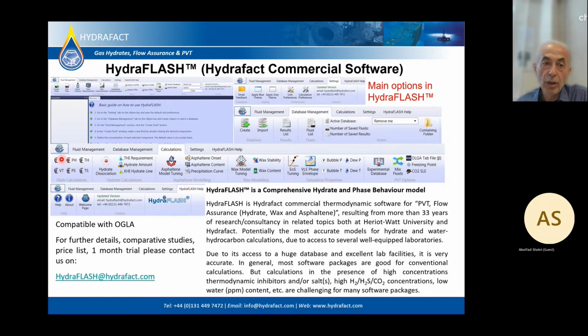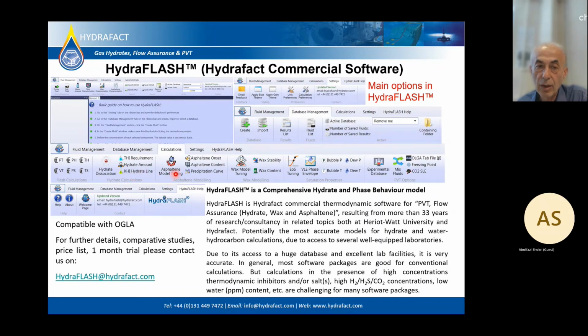So here you see different flash calculations: pressure-temperature, pressure-enthalpy, temperature-enthalpy, volume-temperature, pressure-entropy, and then temperature-entropy. This is hydrate calculation: the amount of inhibitor we require, how much hydrate will form, and the effect of KHI on hydrate stability.